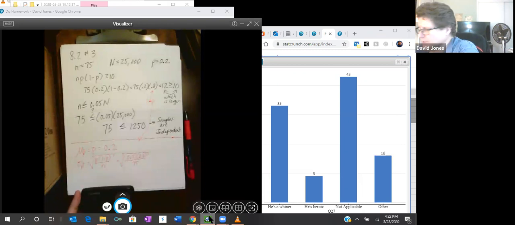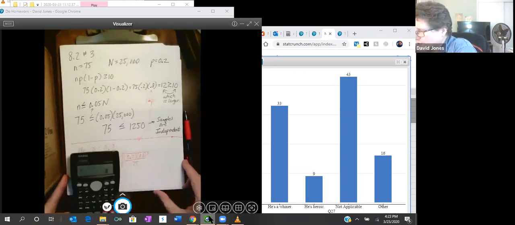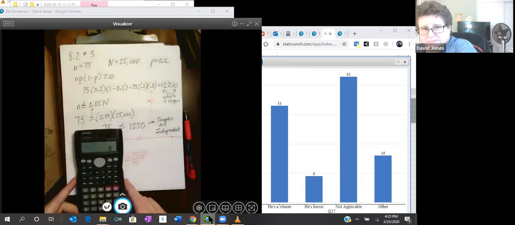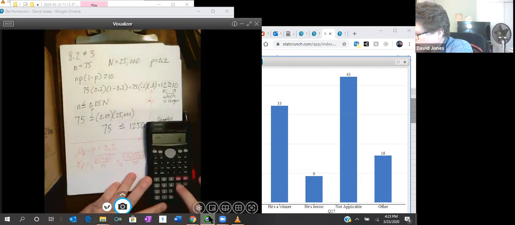Now, it's possible to do these all at once, but I find it easier to use the answer button. So I'm going to do 0.2 times 0.8, equals. Then I'm going to tell it answer divided by n, which was 75.